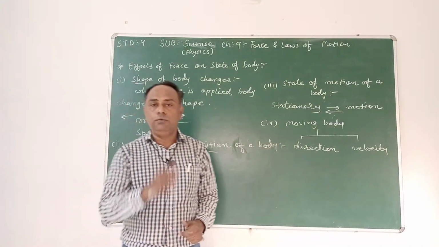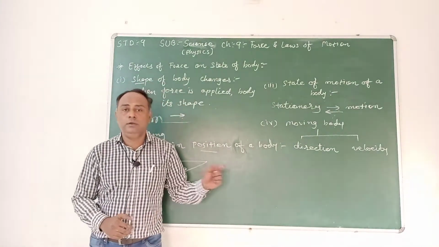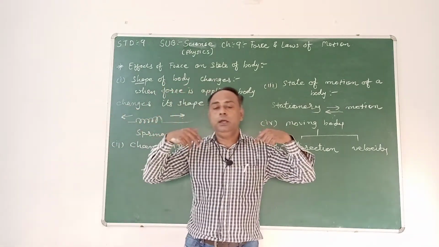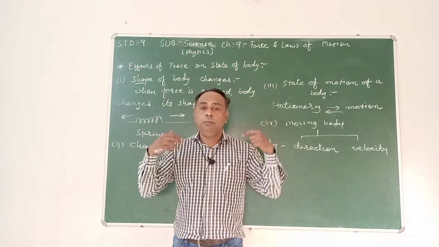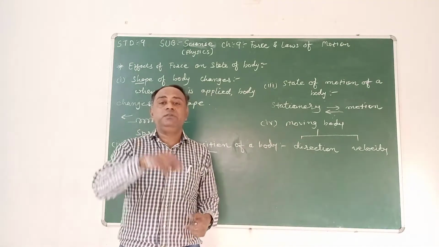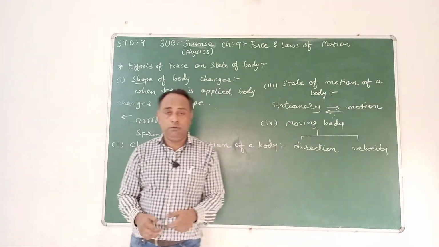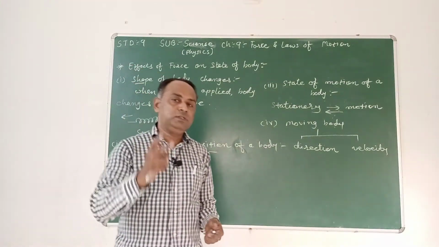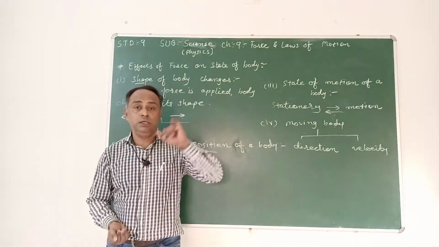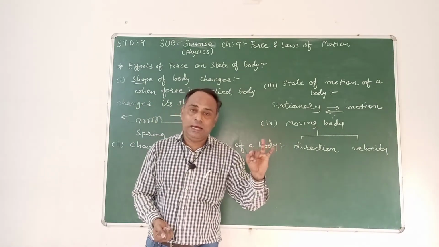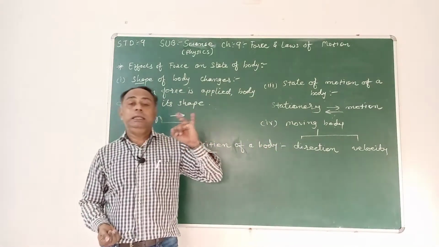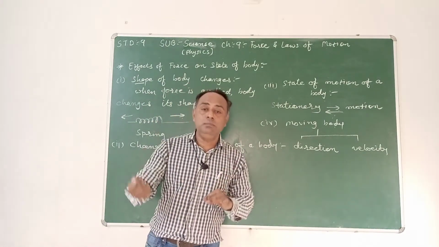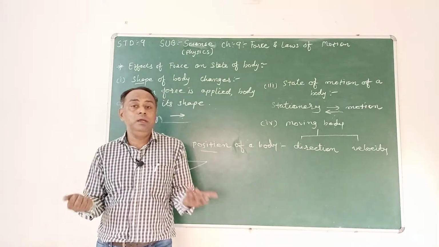Now the fourth effect of force tells us that if a body is already in motion, there are 2 possibilities when we exert force on that moving body: we can change its direction, and second, we can increase or decrease its state of motion, like its velocity can be increased or decreased.